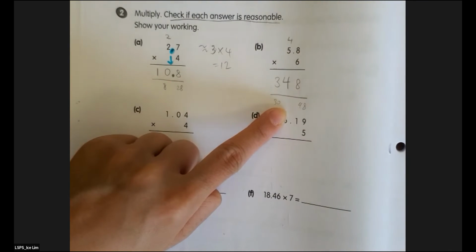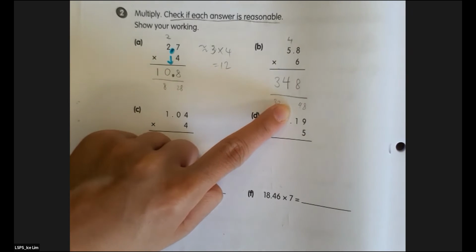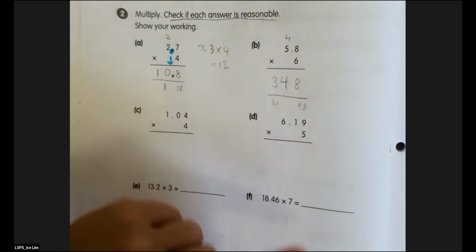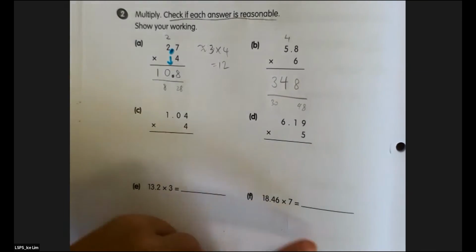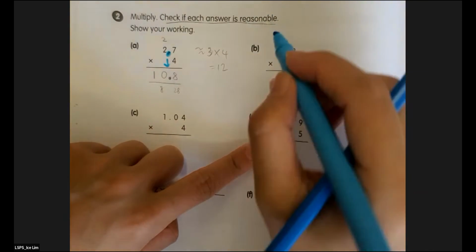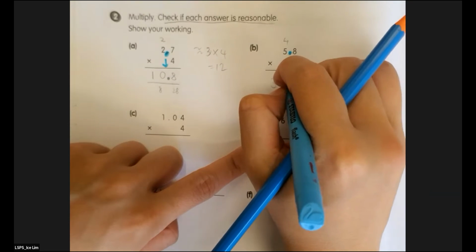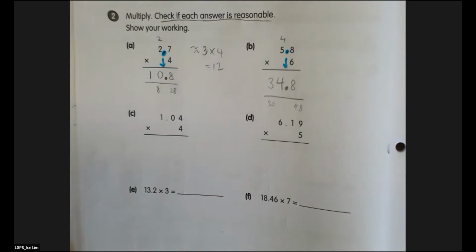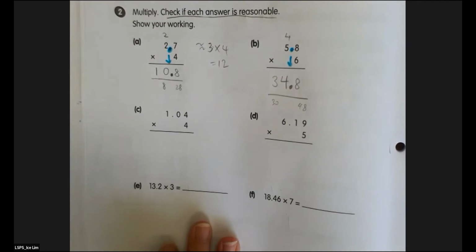So it's like 348 if you were to do 58 times 6. But this is not 58 times 6. It's 5.8 times 6, like $5.80 times 6. So I must remember the decimal point. If I never write down the decimal point, now this is 0 marks, because it's wrong already. Okay? Very important.